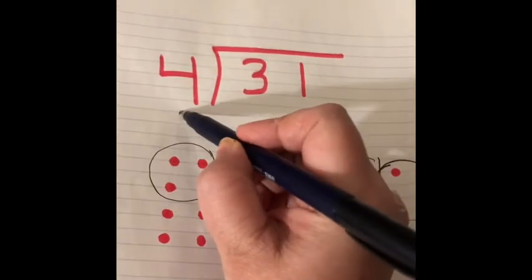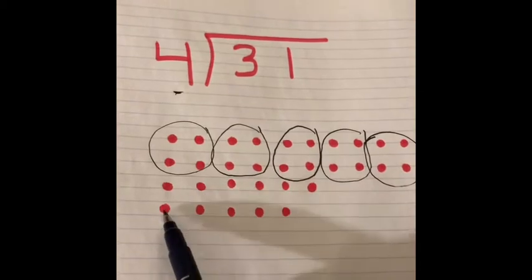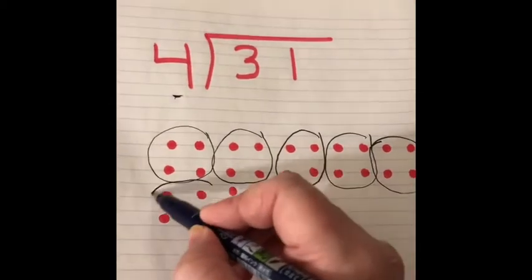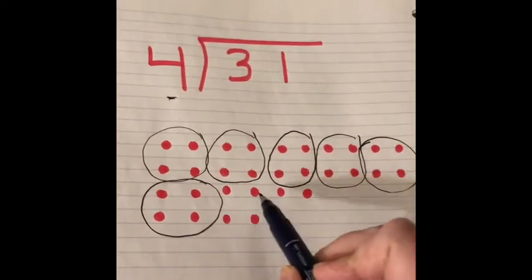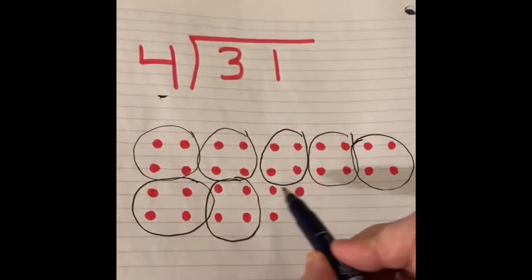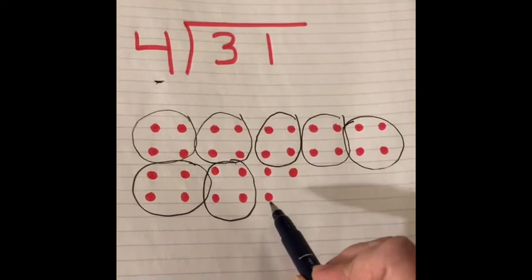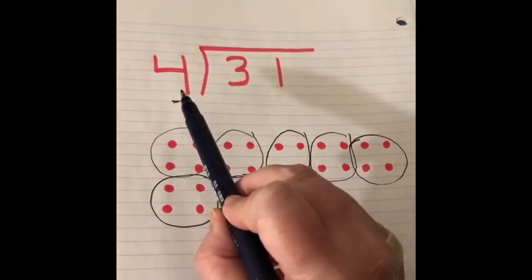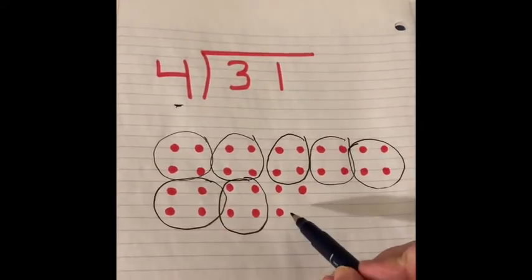Another group, and another. Then 1, 2, 3. We can't make another group of 4. So we have a remainder of 3.